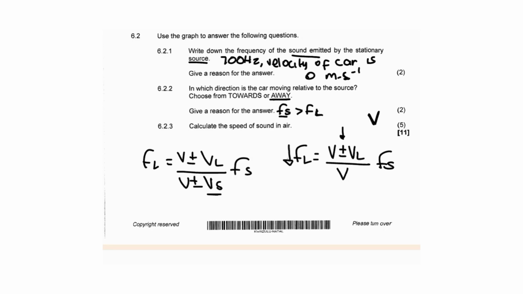And remember, if you want that to be smaller, it means the numerator must be smaller and the denominator must be bigger. So in order for our numerator to be smaller, we are going to put a minus there, and then we have V times Fs.